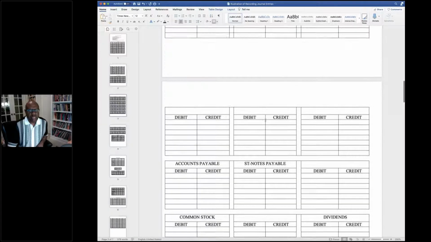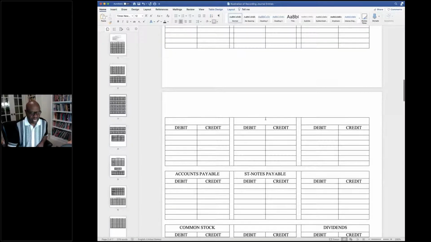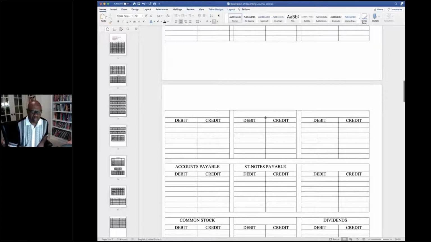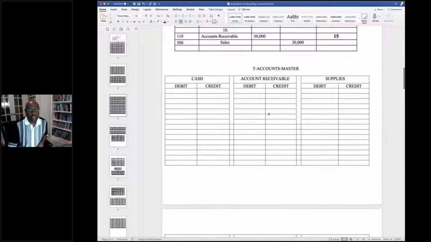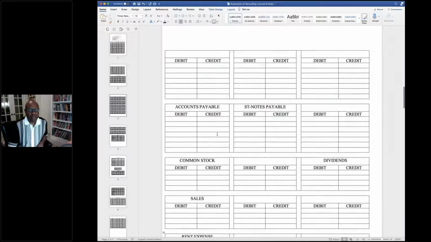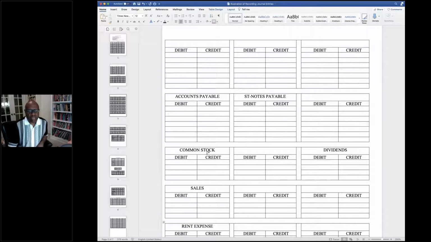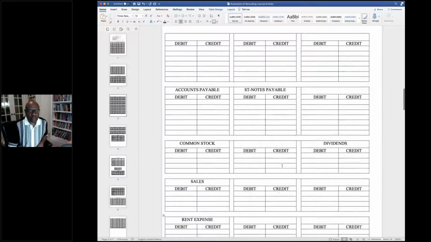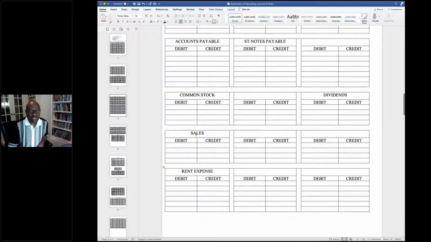And you'll notice that the order of these accounts is the same as it is in that chart of accounts. So we're going to start off with the assets. Then we're going to go to the liabilities. Then we're going to go to stockholders' equity. Then the revenues and the expenses.